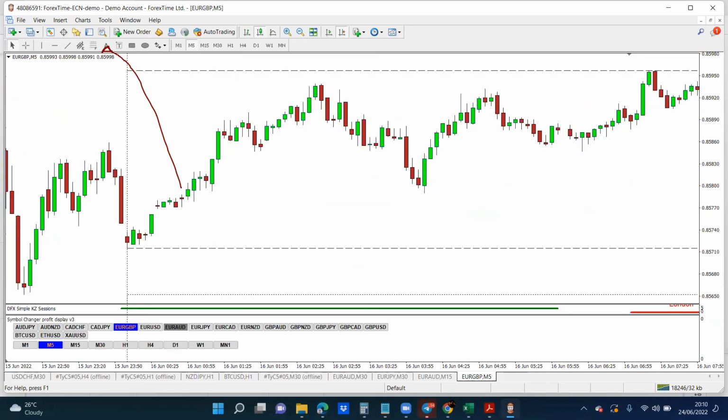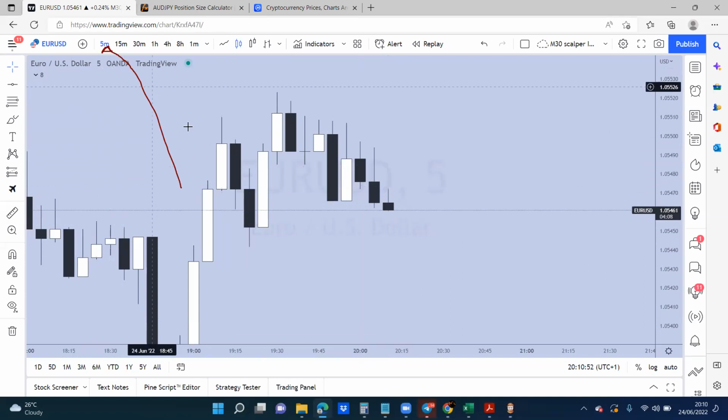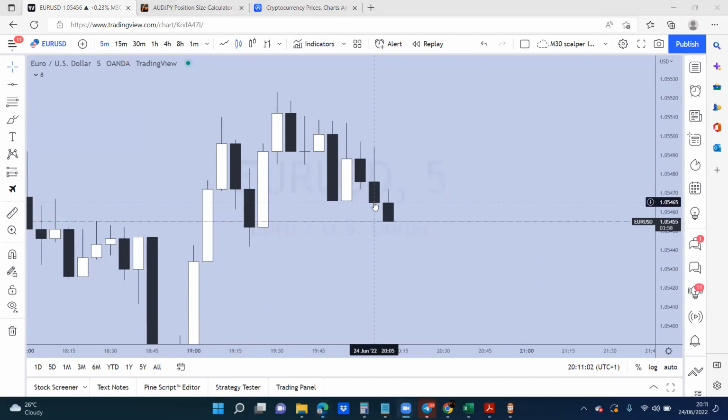But I'm using TradingView today. On a 5 minutes candle, what it means is that the lifespan of this candle is 5 minutes. That is, it starts and ends within 5 minutes. And at the close of 5 minutes, the candle will stop and a new candle will start, right?